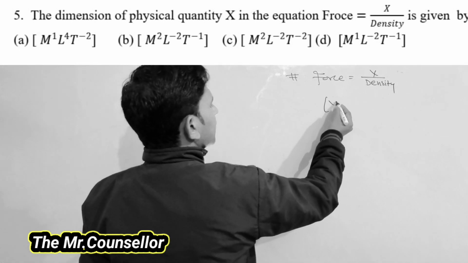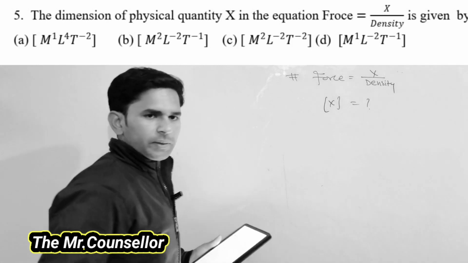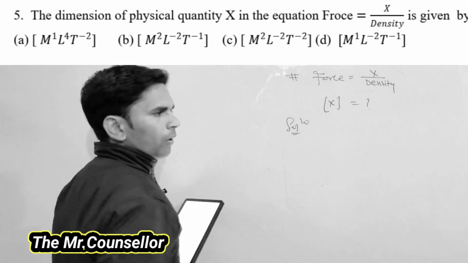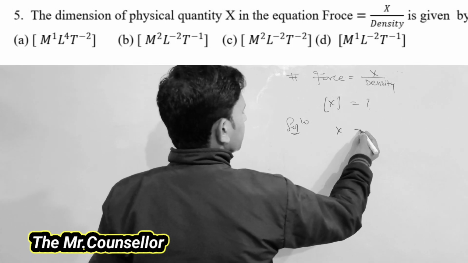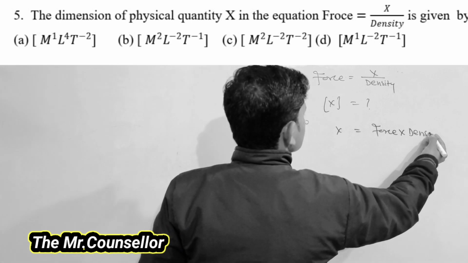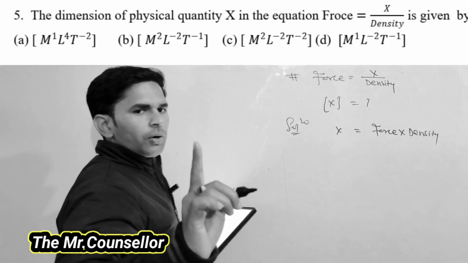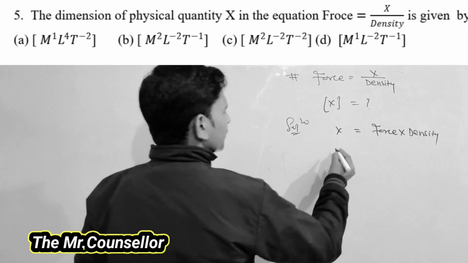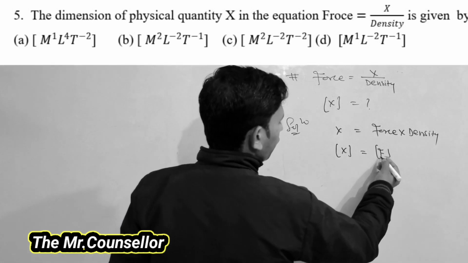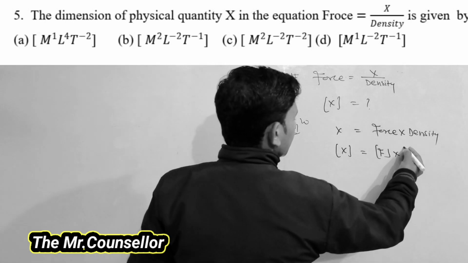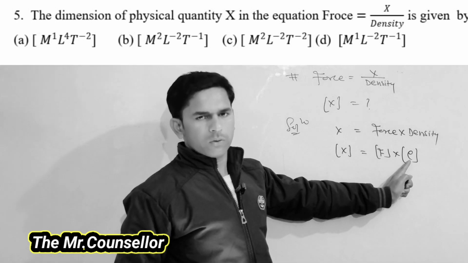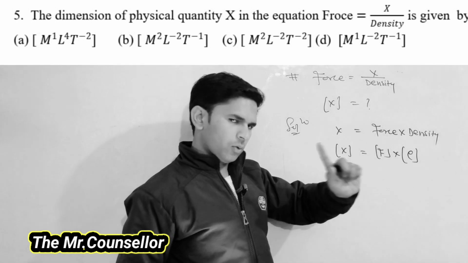So if you are going to solve, x is equal to force multiplied by density. Now the dimensional formula of x is equal to the dimensional formula of force multiplied by the dimensional formula of density, rho. No problems.